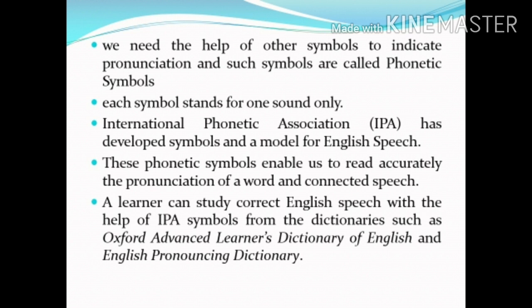These phonetic symbols enable us to read accurately the pronunciation of a word and connected speech in English. A learner who is willing to learn how to pronounce English words and speech correctly can get the help of the IPA symbols from dictionaries such as the Oxford Advanced Learner's Dictionary of English and the English Pronouncing Dictionary.